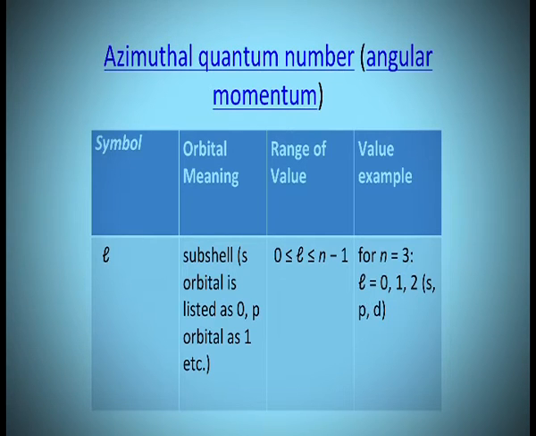There are 3 p orbitals in each p subshell. l equal to 2 corresponds to d subshell and contains the orbitals with clover leaf shape called d orbitals.